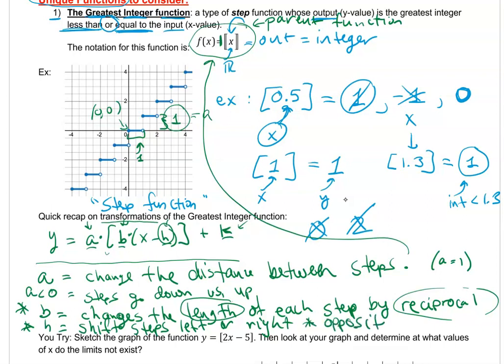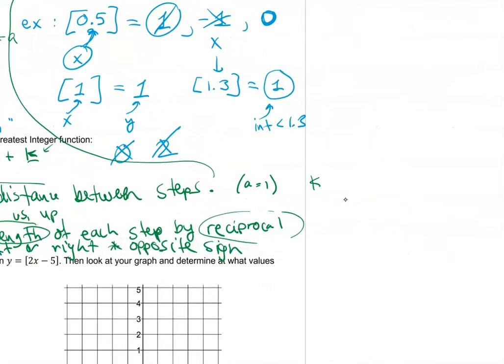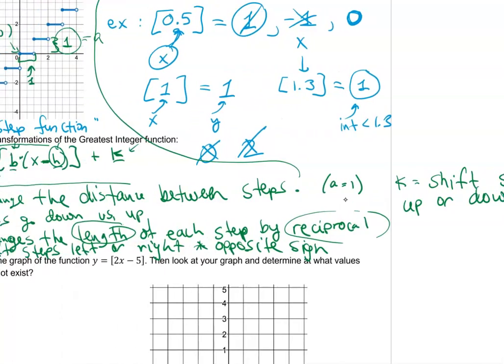Just remember it's the opposite sign. So if you have a minus h here, then you're actually going to go right, and if it's plus a number, it's actually going to go left. And then, I ran out of room here, but I'll move it over here. The k value will shift your steps up or down, and it's very direct. So that's just a quick reminder of how that works.